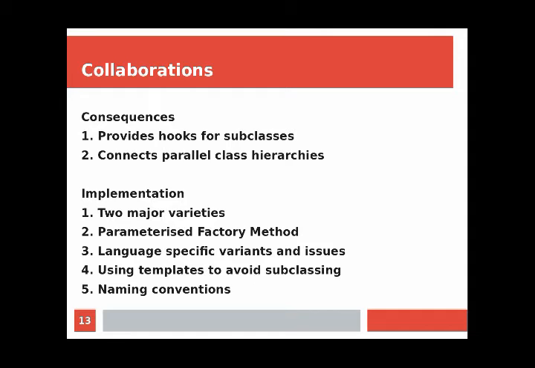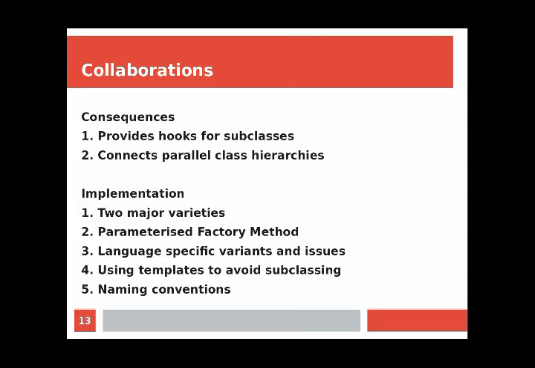And the second is that it connects parallel class hierarchies. Clients can find the factory method useful, especially in the case of parallel class hierarchies. Parallel class hierarchies result when a class delegates some of its responsibilities to a separate class. This state is needed only during manipulation.